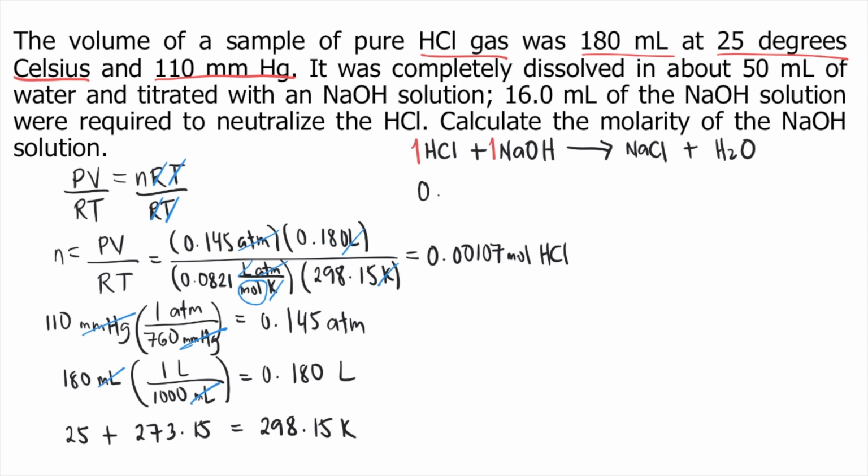Remember, we have solved 0.00107 moles of HCl, right? Then we plug in the molar ratio. 1 mole of HCl is equivalent to 1 mole of NaOH.